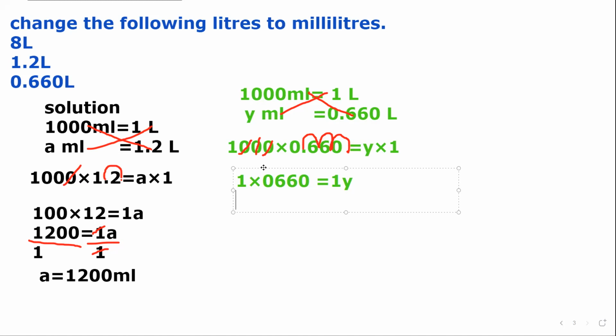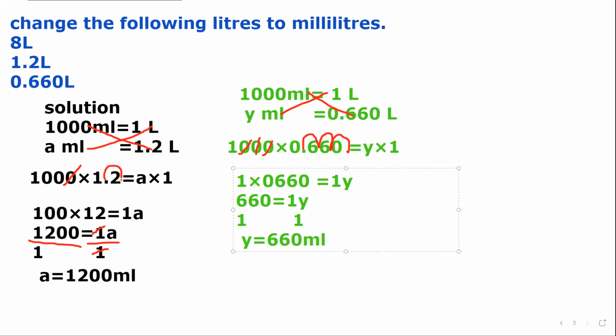So 660 times 1 is the same as 660, which is equal to 1y. To find y, divide both sides by the number attached to y, so divide here by 1 and here by 1. Therefore y is equal to 660.